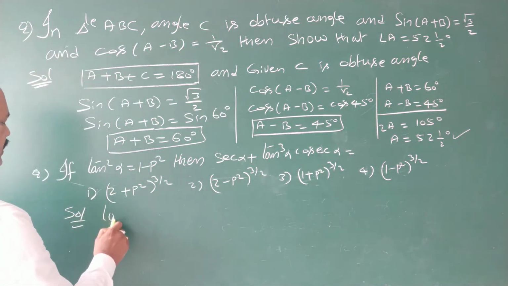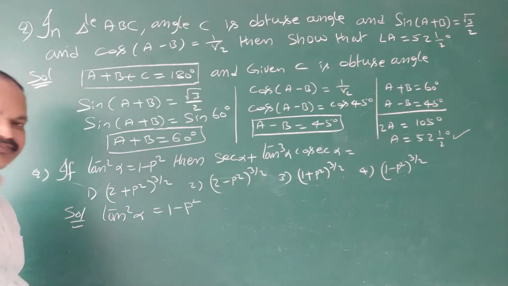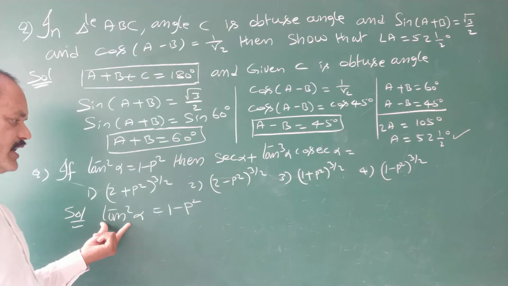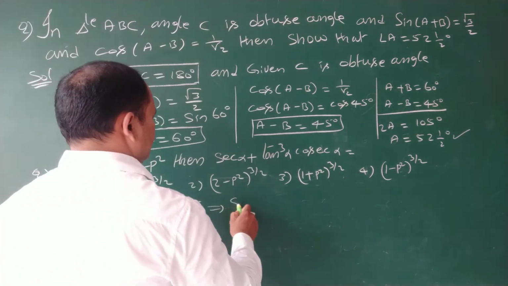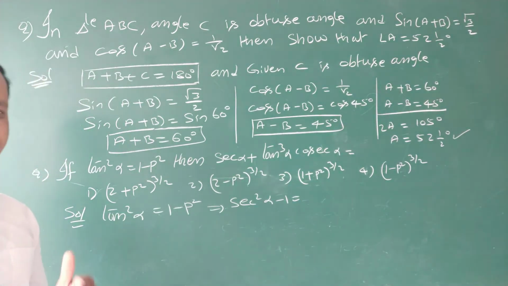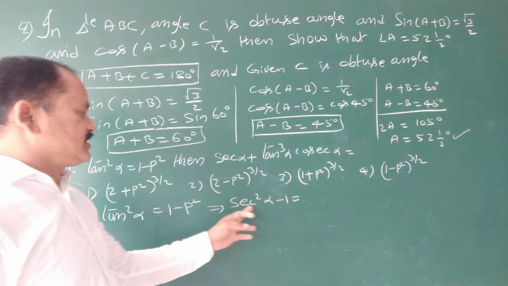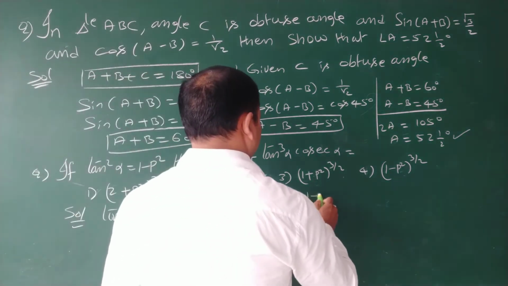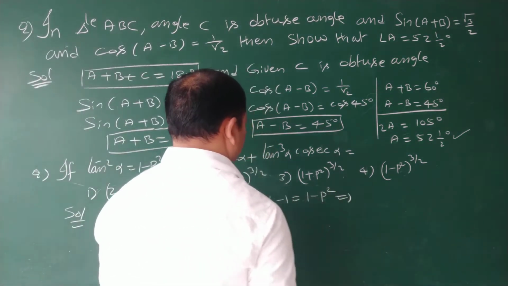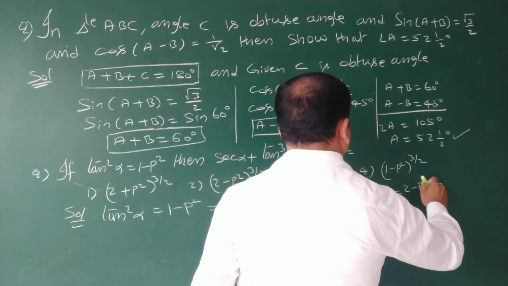Here tan square alpha is equal to 1 minus p square. Actually, tan square alpha is nothing but secant square alpha minus 1. According to the identity, secant square alpha minus tan square alpha is 1. From that, tan square alpha is secant square alpha minus 1 is equal to 1 minus p square. That implies secant square alpha is equal to 2 minus p square.